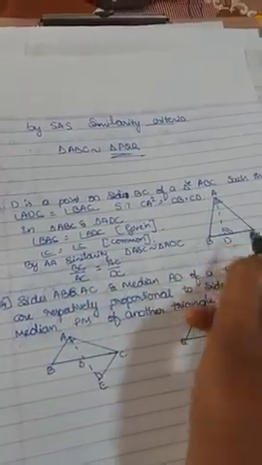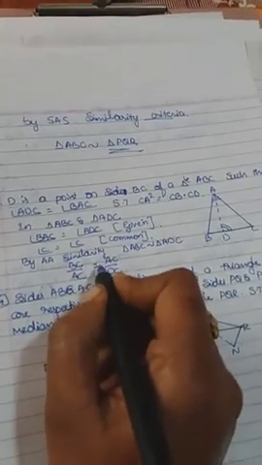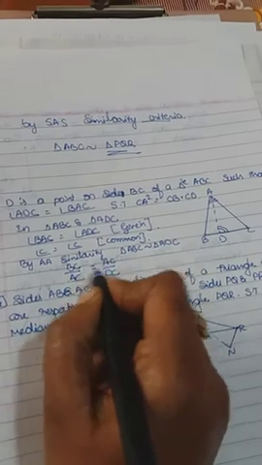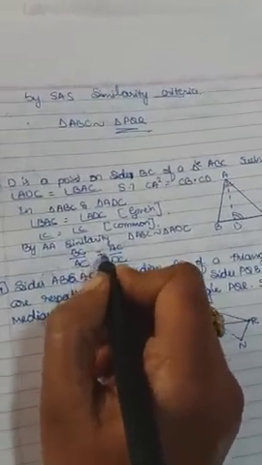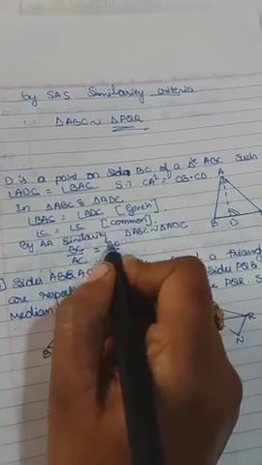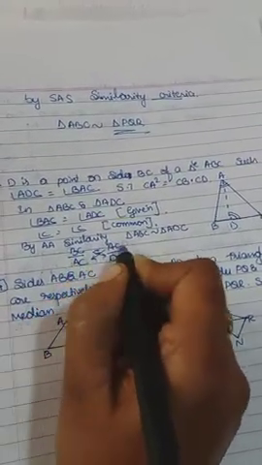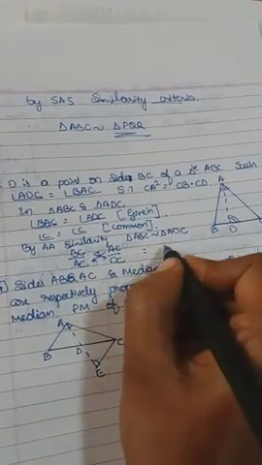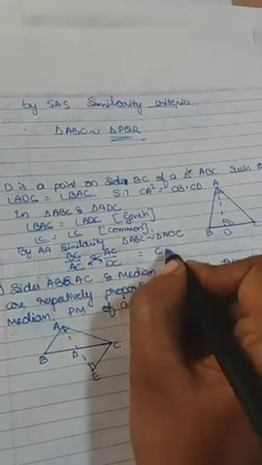If the sides are proportional, we can write this, as these are the corresponding sides of the similar triangles. If you do the cross multiplication here, what you will get is AC into AC, AC square or CA square. AC and CA both are the same, no?